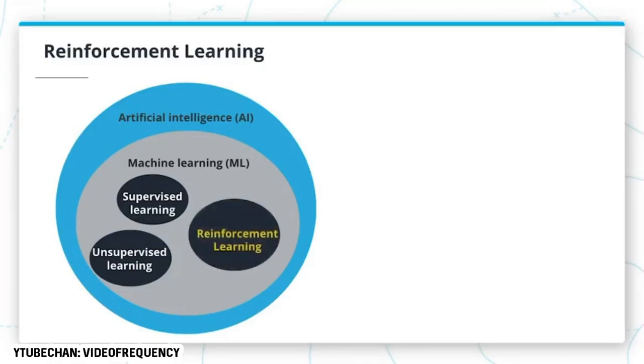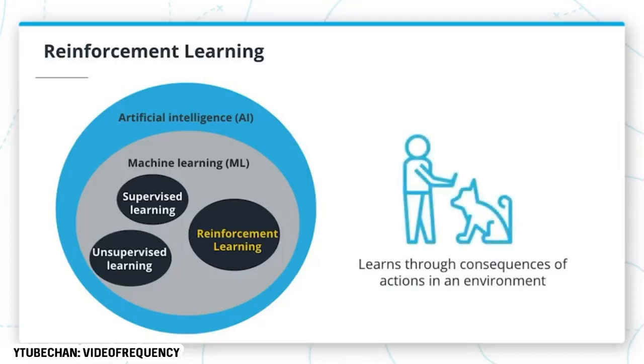There is another type of machine learning called reinforcement learning, which takes a different approach. Reinforcement learning is learning what actions to take in a situation to maximize reward. It is similar to how you might train your pet. If your dog does something you want it to do, you might reward it with a treat.